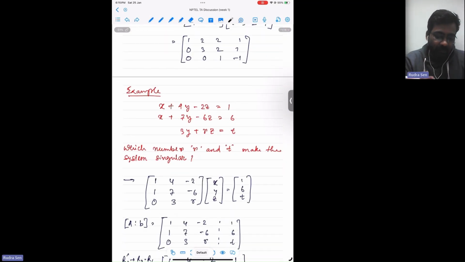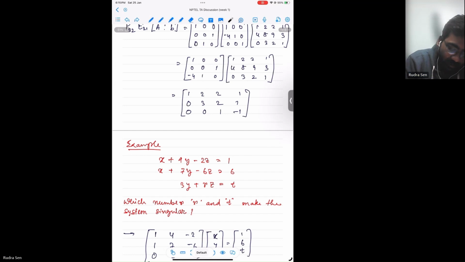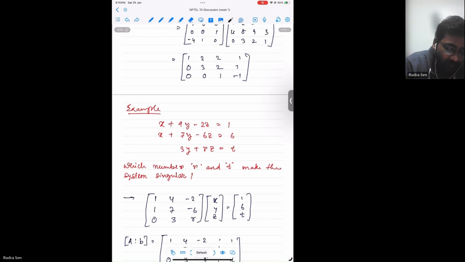Now, coming to the next example. Again, we have a system of three equations with three variables. The first equation is x plus 4y minus 2z equals 1. The second equation is x plus 7y minus 6z equals 6.